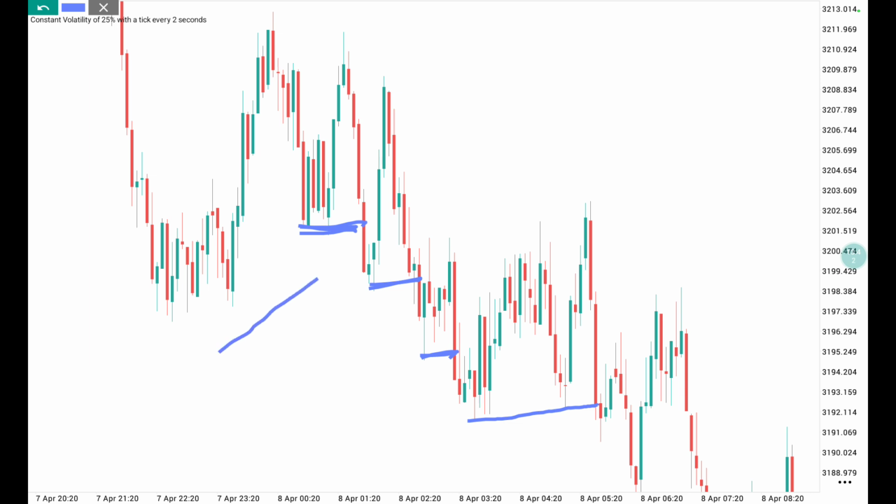Can you see this break of structure? You can see that energetic candle sweeping liquidity below this old low. Here again, we see this energetic candle sweeping liquidity below this old low. That is what we call a break of market structure.